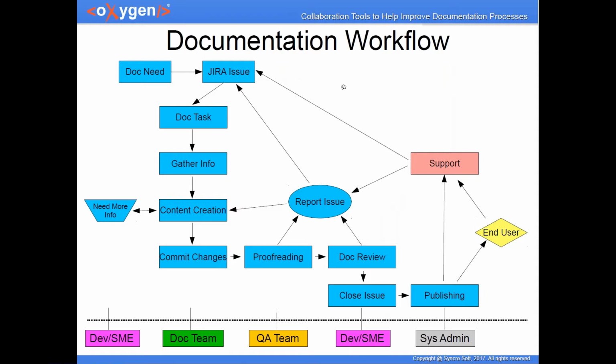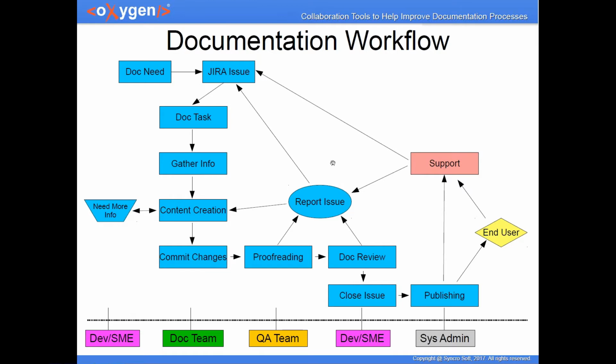So to get to the end result, most of the time our workflow looks something like this. It starts when somebody determines there's a need for an addition or change in the documentation, and then progresses through numerous stages and teams.